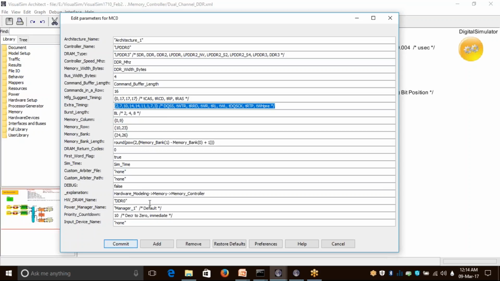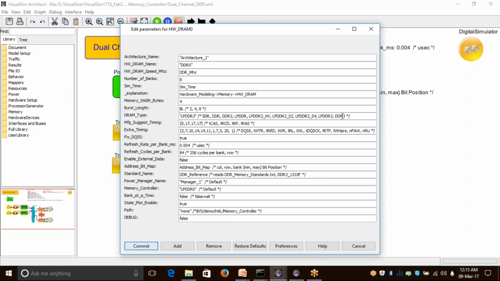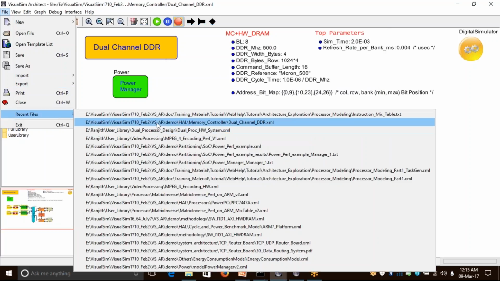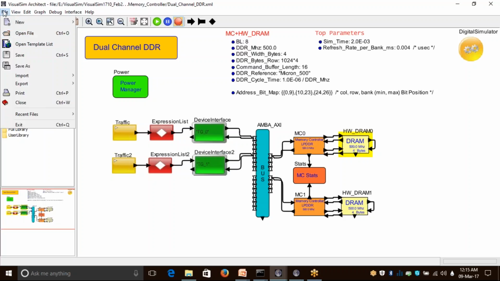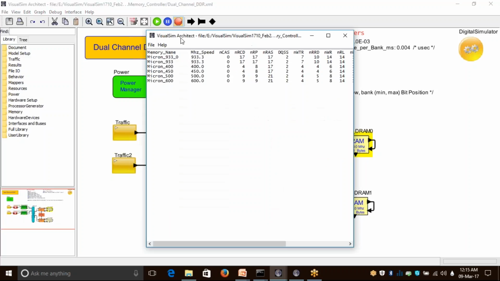One of the interesting factors that we provide over here is you don't really have to manually configure all these parameters. We provide a capability to read all these different parameters from a file, and the block itself will configure itself by reading those details. So I'm going to open up the file called memory standards.